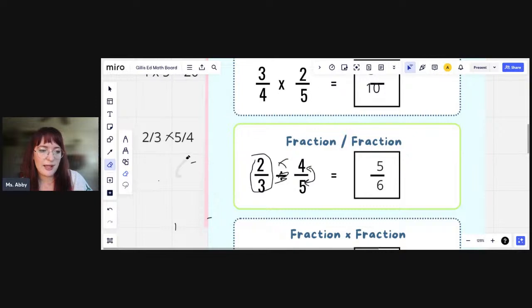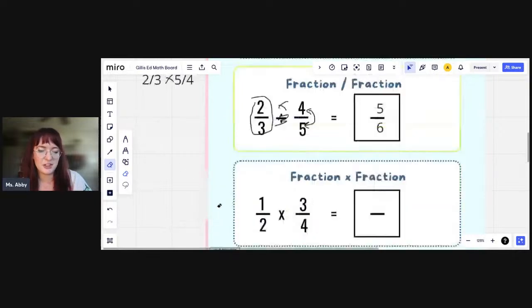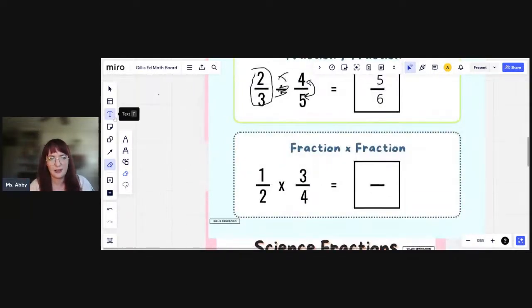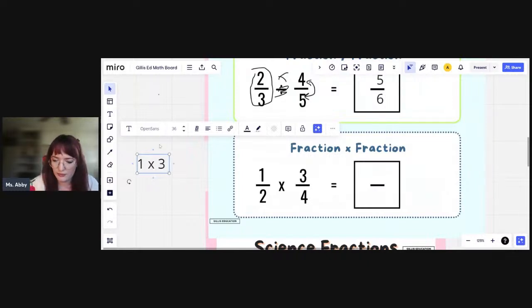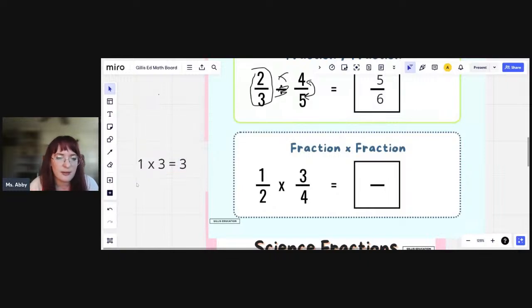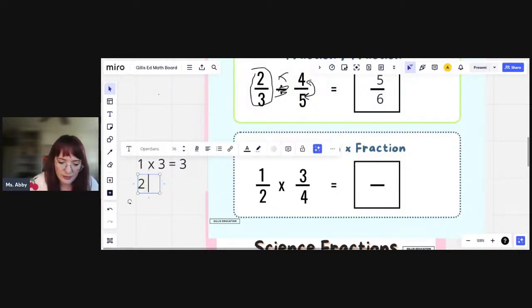And then we have another multiplication problem right here. So all we do for this one, again, is multiply the numerators together. So 1 times 3 equals 3. And then we multiply the denominators, and we get 2 times 4 equals 8.